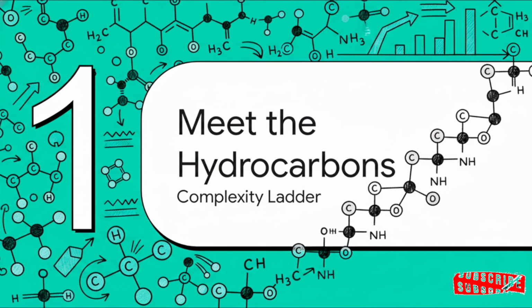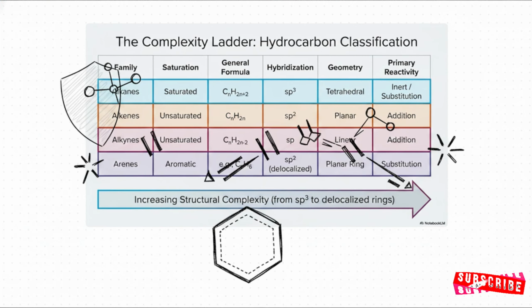All right, part 1, meet the hydrocarbons. We are climbing the complexity ladder. Think of this hydrocarbon classification table kind of like a video game, where we're leveling up in complexity. It's fascinating to see that at the very top we have alkanes. These are saturated, which just means every single carbon block has single bonds, holding on to as many hydrogens as it possibly can.